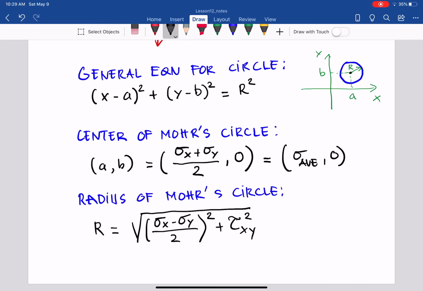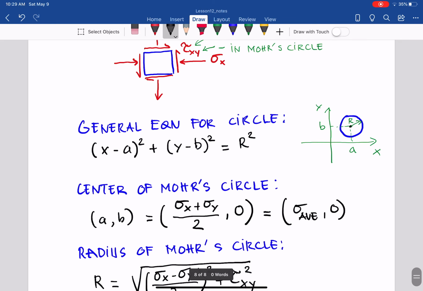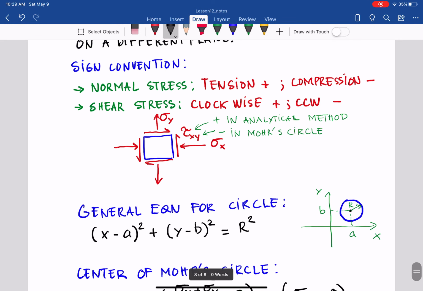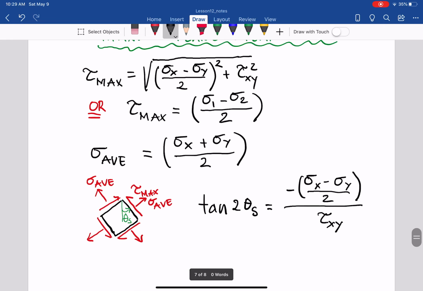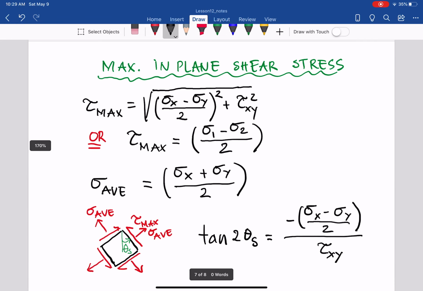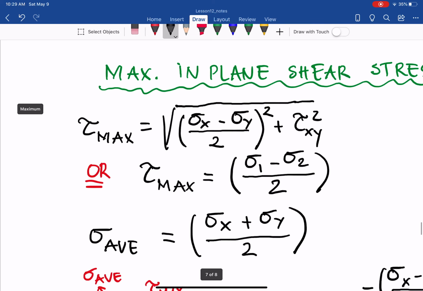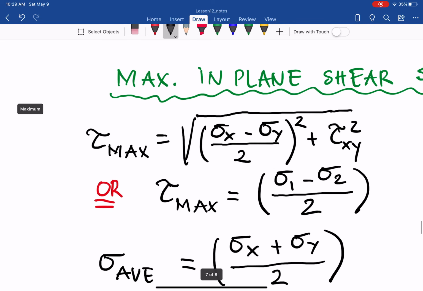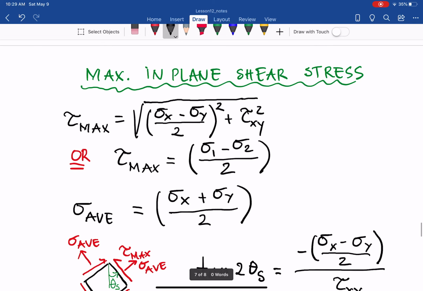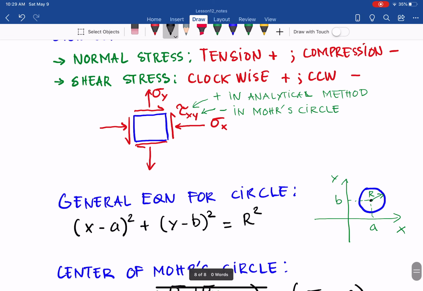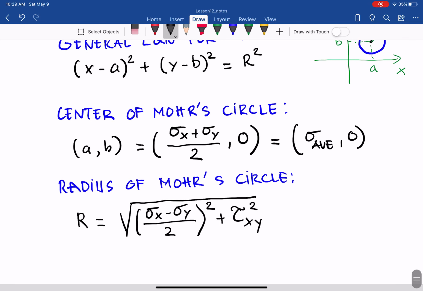If that square root is familiar to you, if not, I go up here to show the maximum in-plane shear stress. Tau max equals the square root of sigma x minus sigma y over 2 squared plus tau xy squared. So actually the radius equals tau max, the maximum in-plane shear stress.